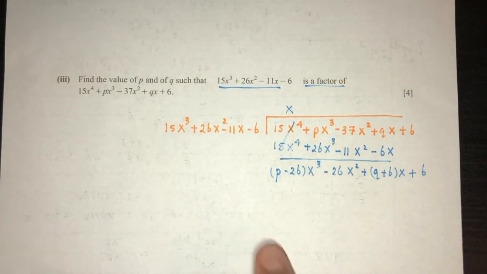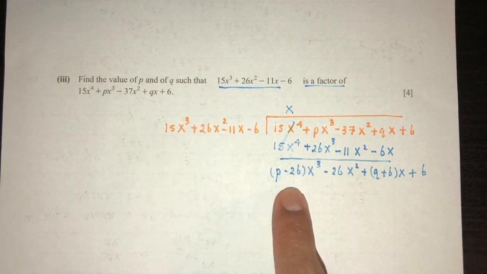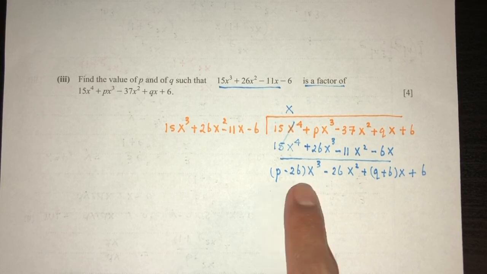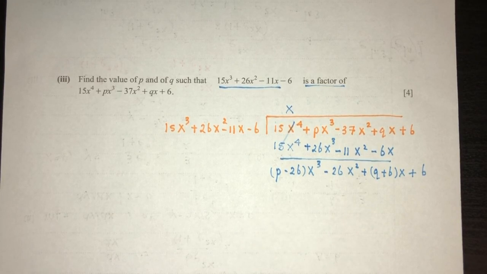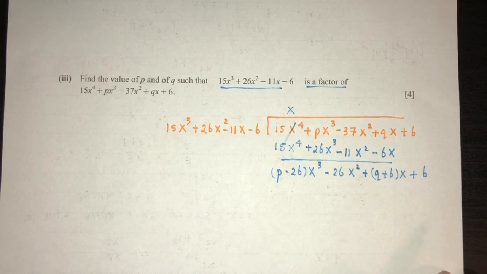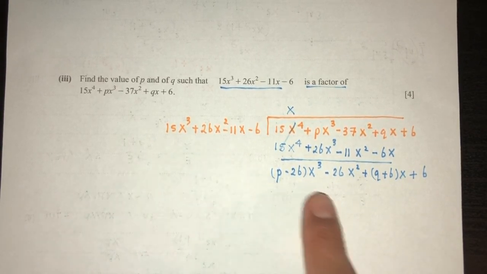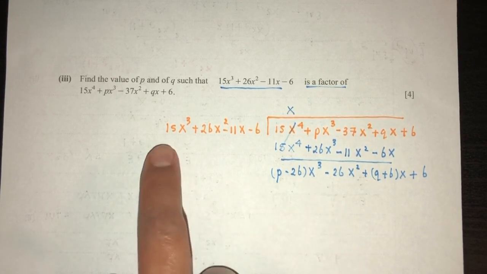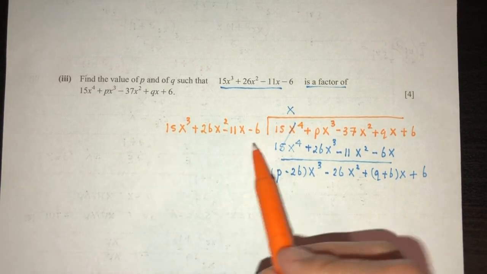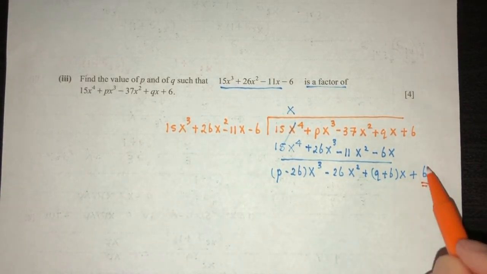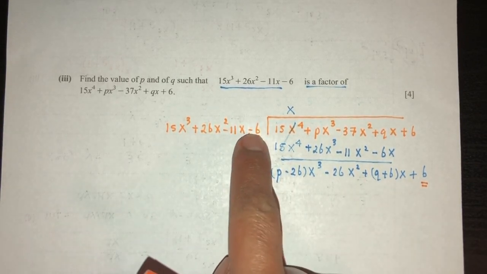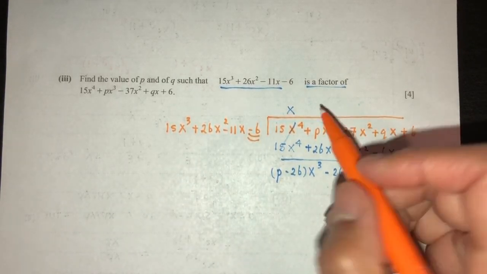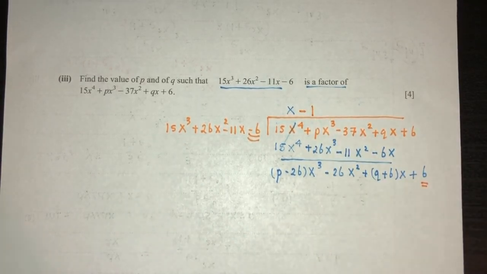So now for you to make this become this, you know that this has to be the same as this for it to become a factor, if that makes sense. Basically we know this must be a factor of this. Because we have the same value here at the end, here we have minus 6, we have to make minus 6 become plus 6, so you have to multiply by minus 1, right?